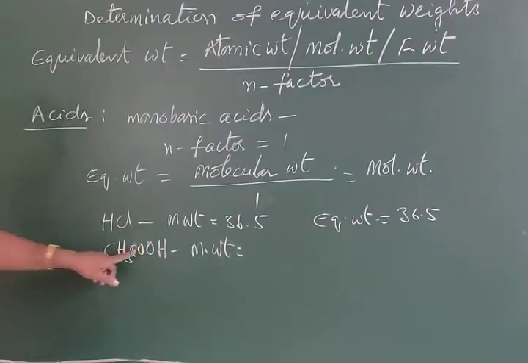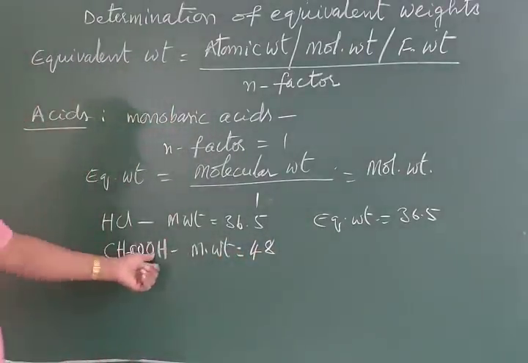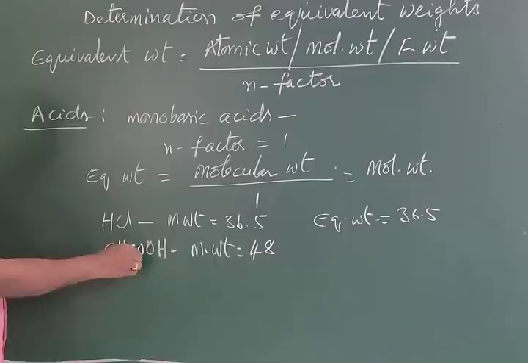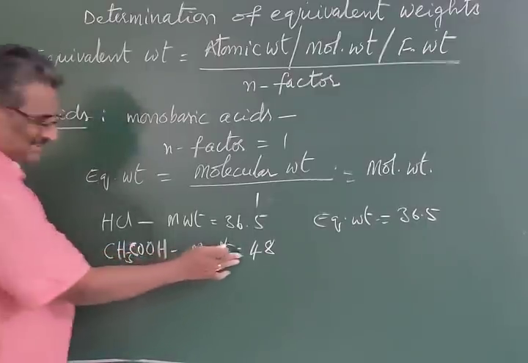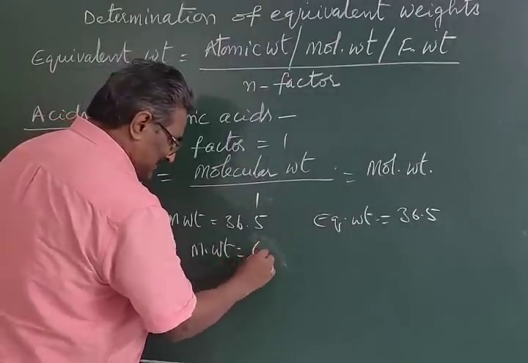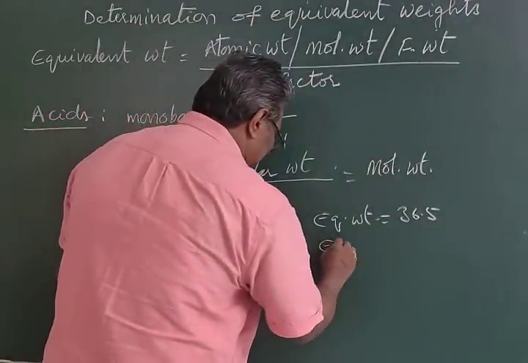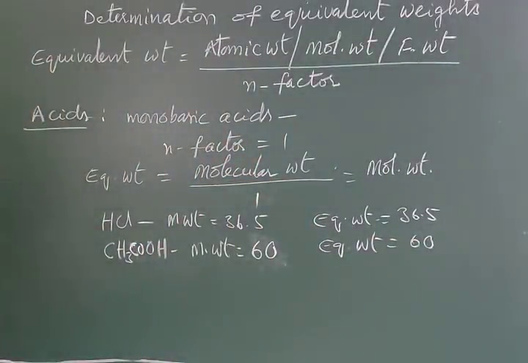There are 2 carbons, 2 into 12, 24. 24 plus 4 hydrogens, 28. 28 plus 32, that is 60. Molecular weight is 60. Equivalent weight is also 60, as N factor is 1.